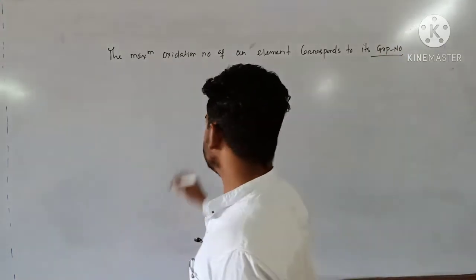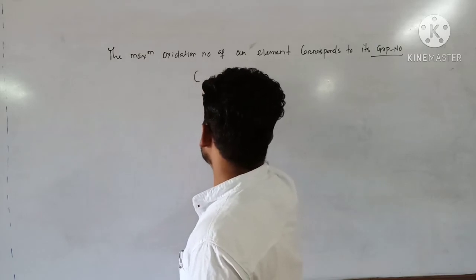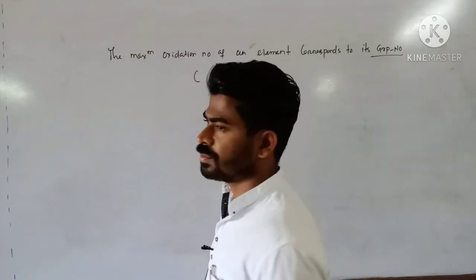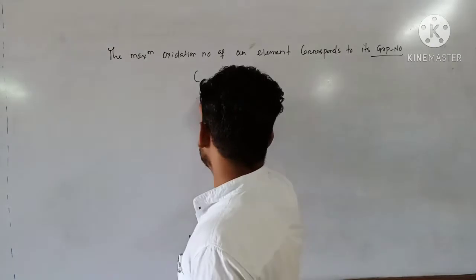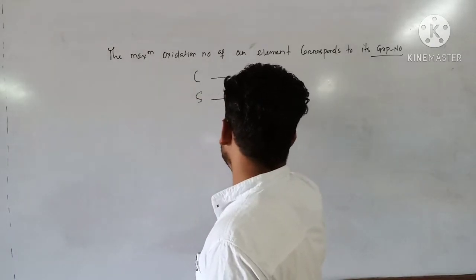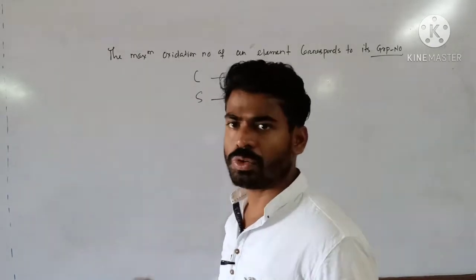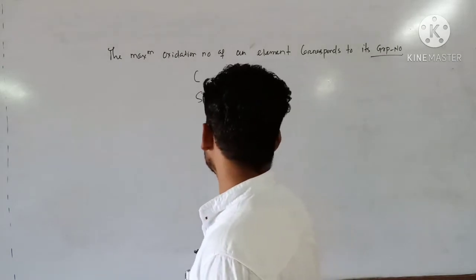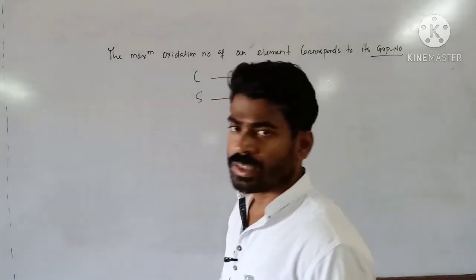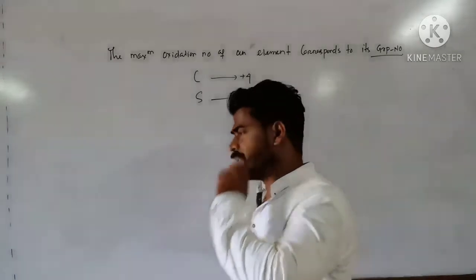For example, if I consider carbon, the maximum oxidation state will be +4. If I consider sulfur, the maximum oxidation number will be +6 because its group number is 6. Like that, there are a few exceptional cases you can consider.